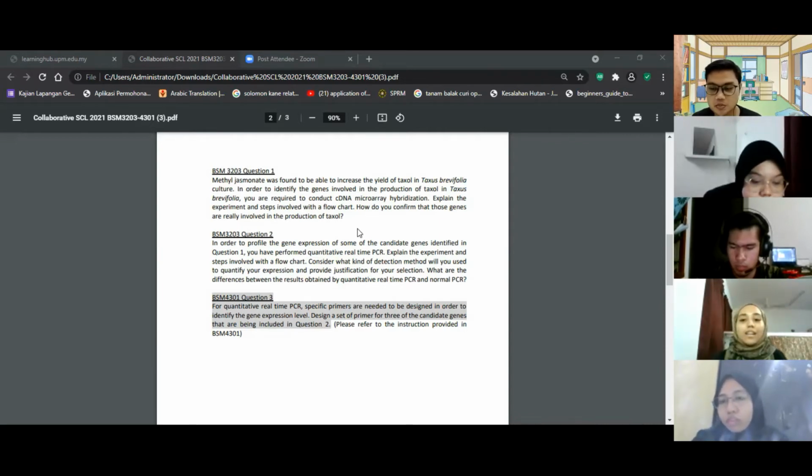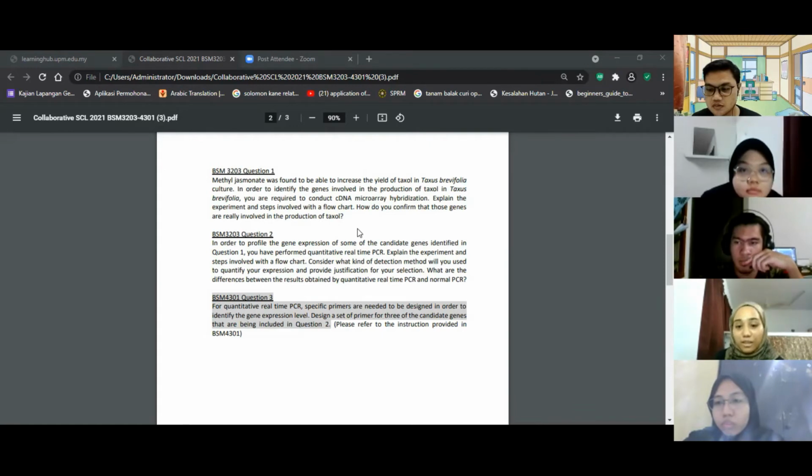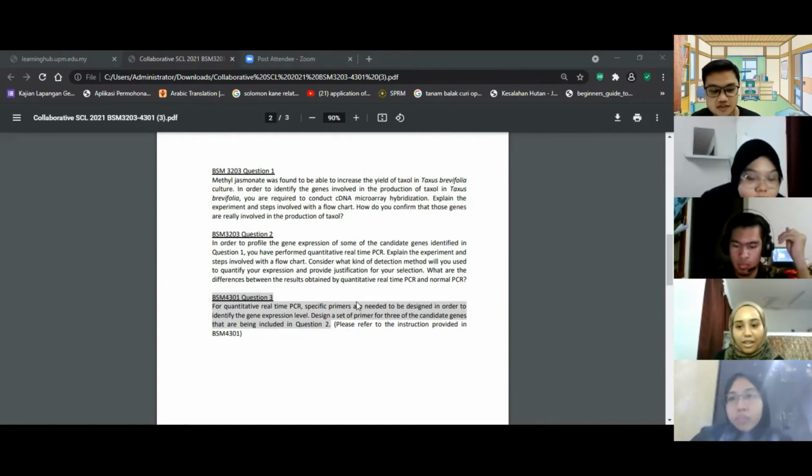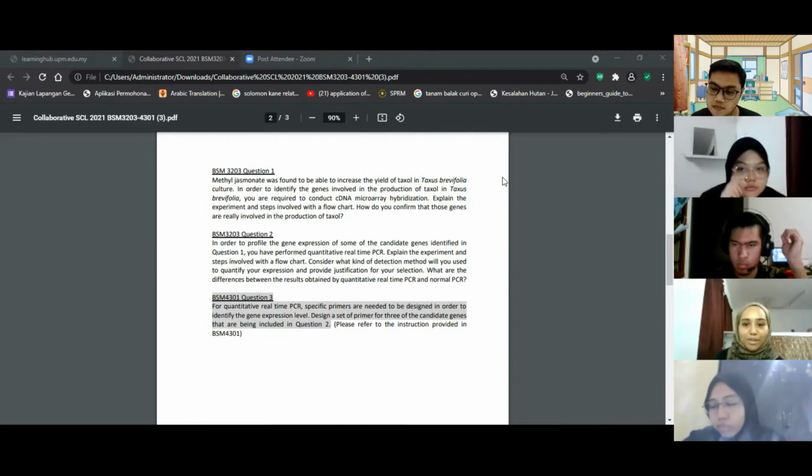In the question, it said how to confirm those genes that are really involved in the production of Taxol. So before we actually start the experiment, we should have the gene sequence. I think we need to compare the gene that produces Taxol and the gene that does not produce Taxol.